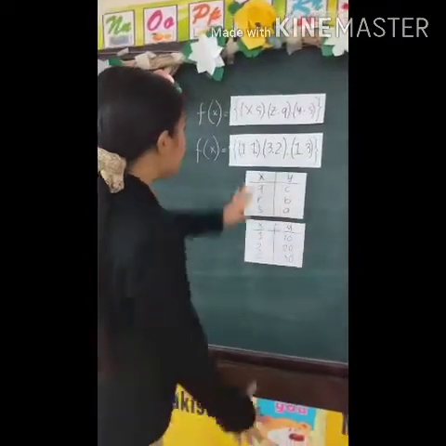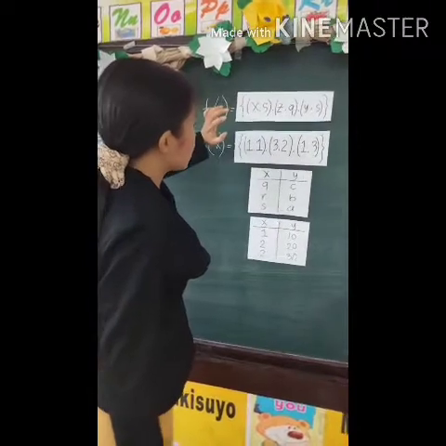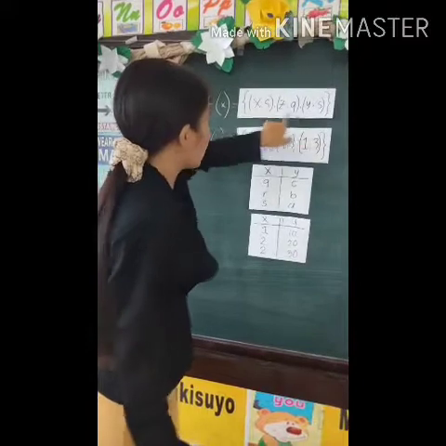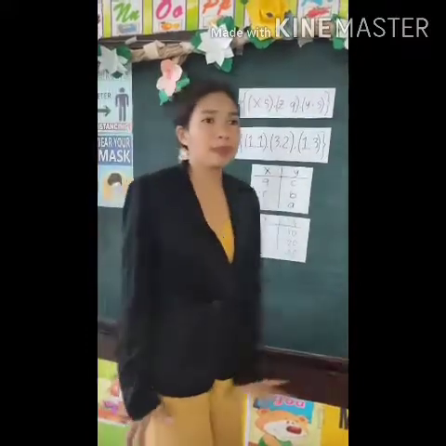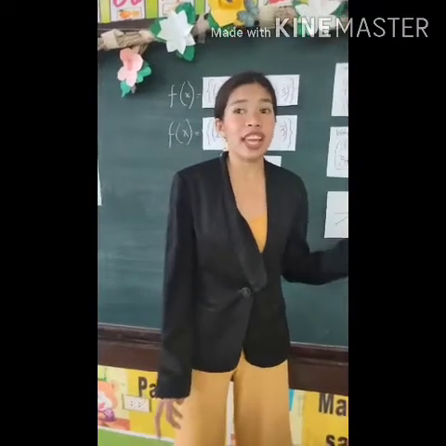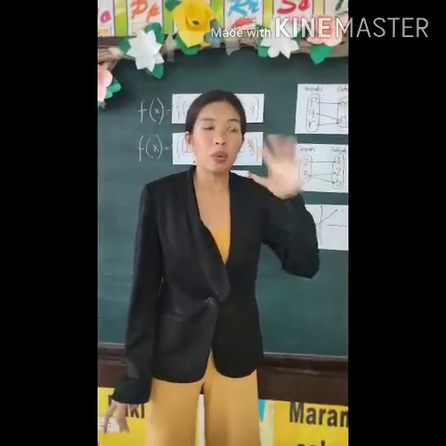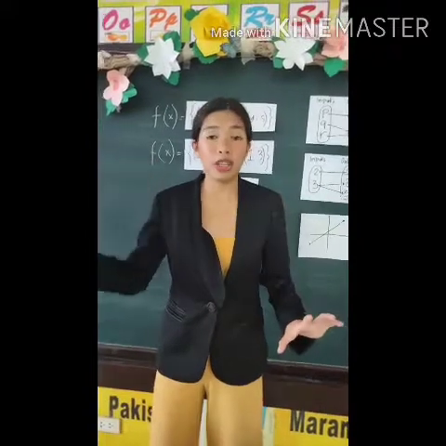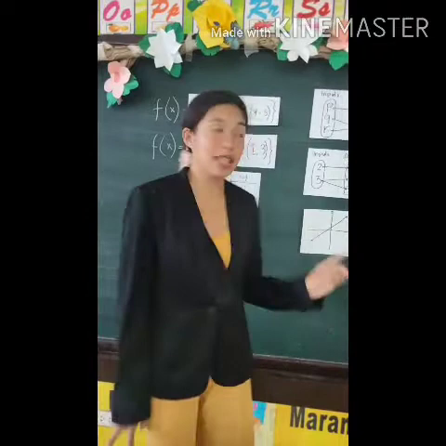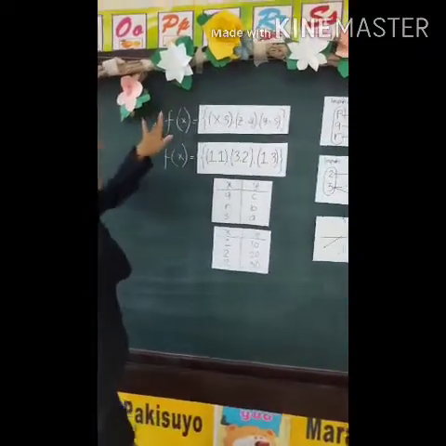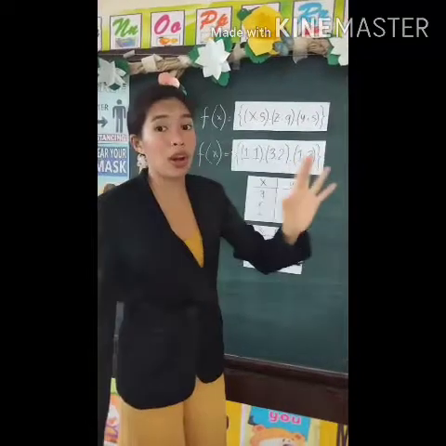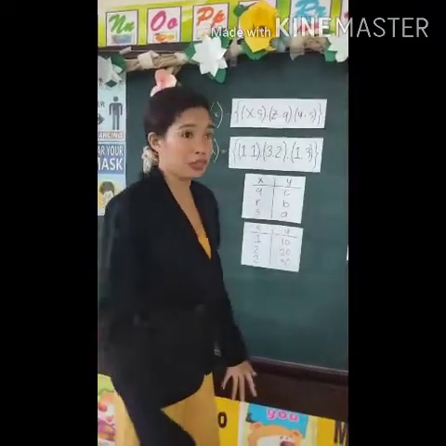While in their outputs, there's a repetition. They repeat the value s. But always remember that in a function, it is okay to repeat the output or the y, but do not repeat the x or the input. So we can call it a function because there's no repetition in the value of the inputs.